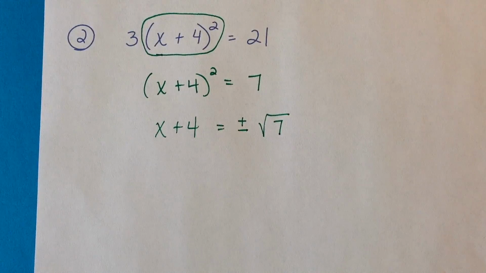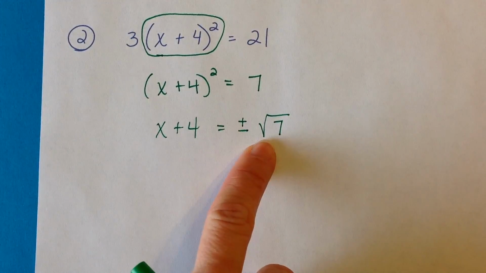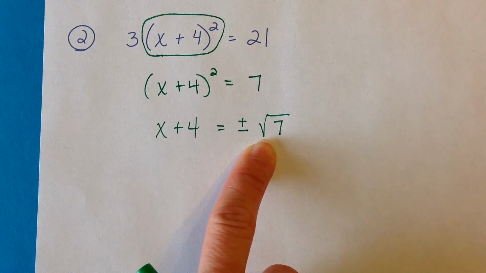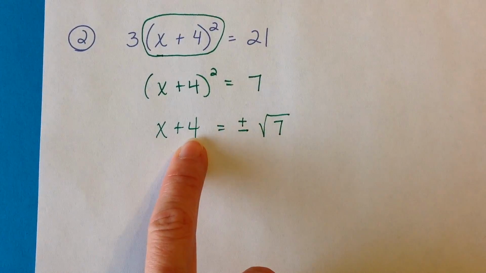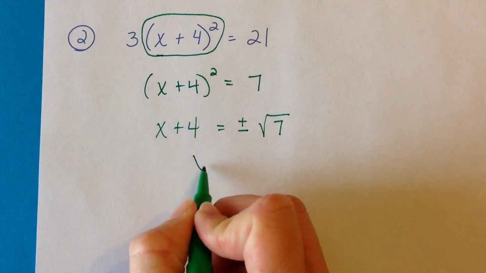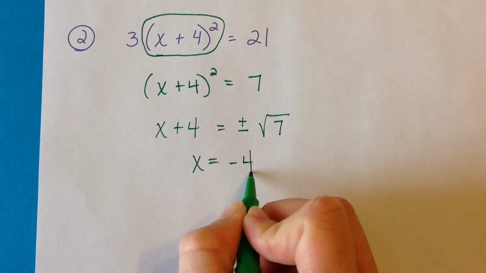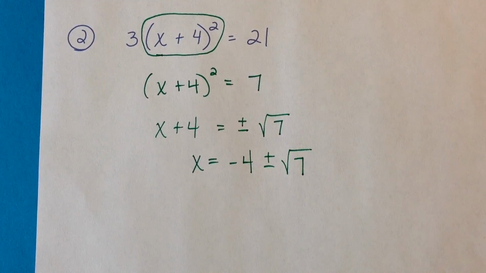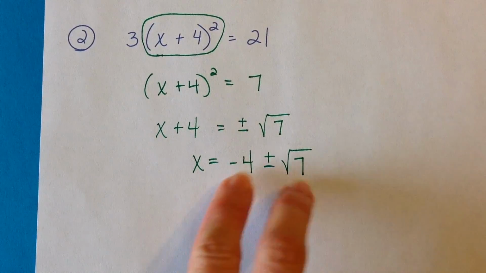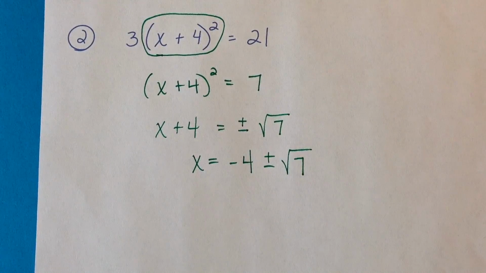Now, if you can do any simplifying with the radical, you would. But like in this case, I can't simplify the square root of 7. So last step, to get x by itself, I would need to subtract the 4. So that would give me negative 4 plus or minus square root 7. So again, there's 2 answers here because you've got the plus minus.